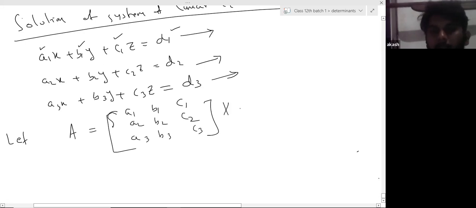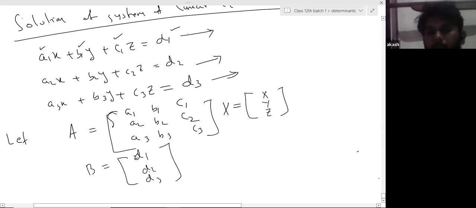And the matrix X with x, y, and z. And the matrix B with the constants B1, B2, and B3. We assume these three matrices.